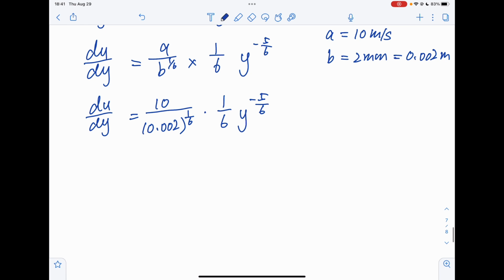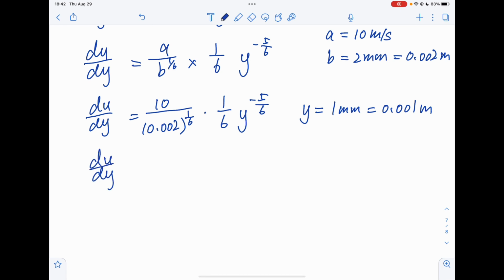So y is 1 millimeter, which is 0.001 meter. So we finally have a number of 1485, and the units will be second to the power of negative 1.